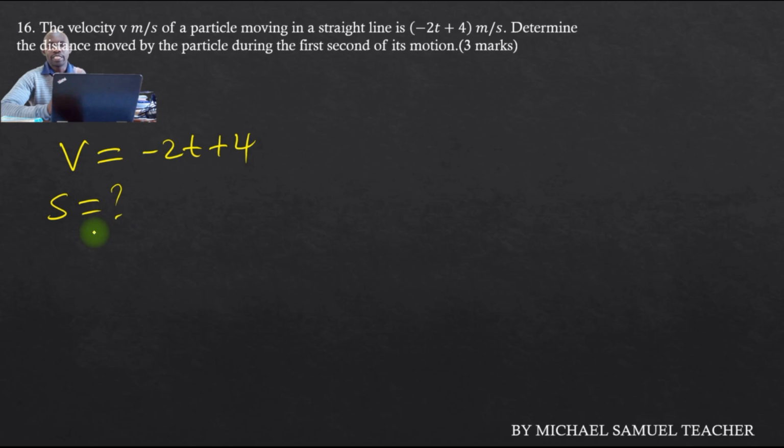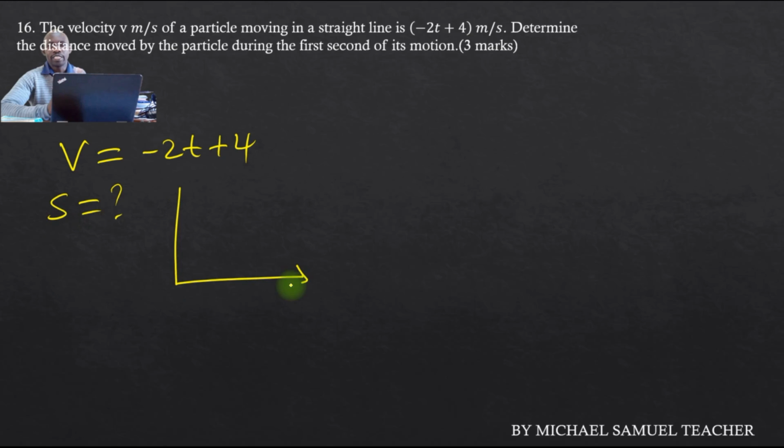So for us to get the distance s, remember that for a velocity-time graph, if you find the area under the curve, it normally gives distance.